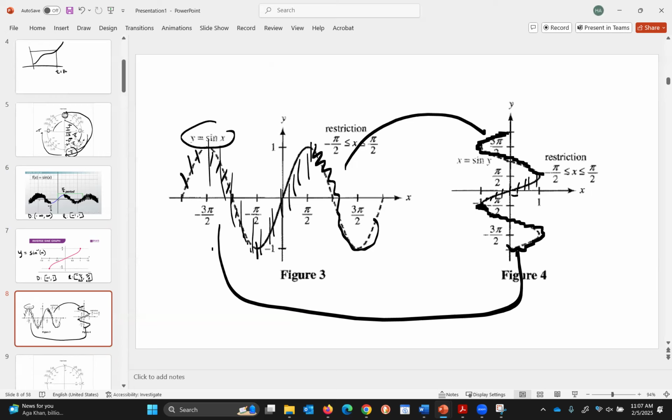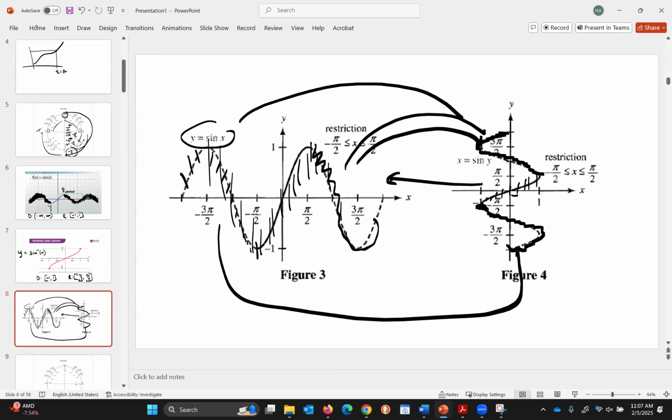But if something passes a horizontal line test, that means its inverse is also a function. We normally don't go backwards this way, because once you have the function and you have its inverse, you're done.